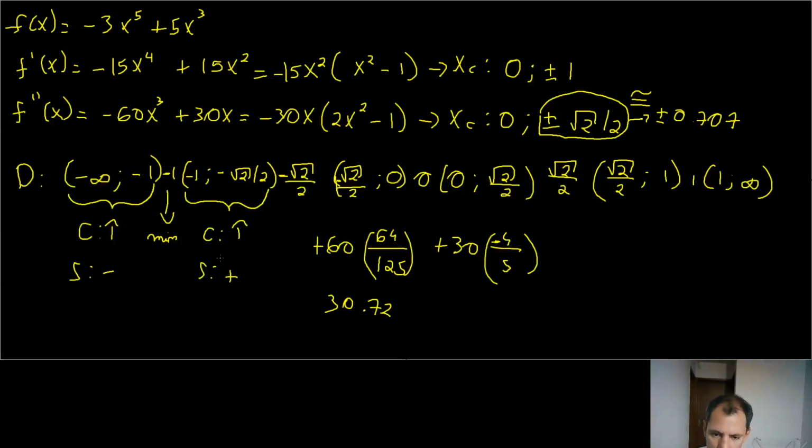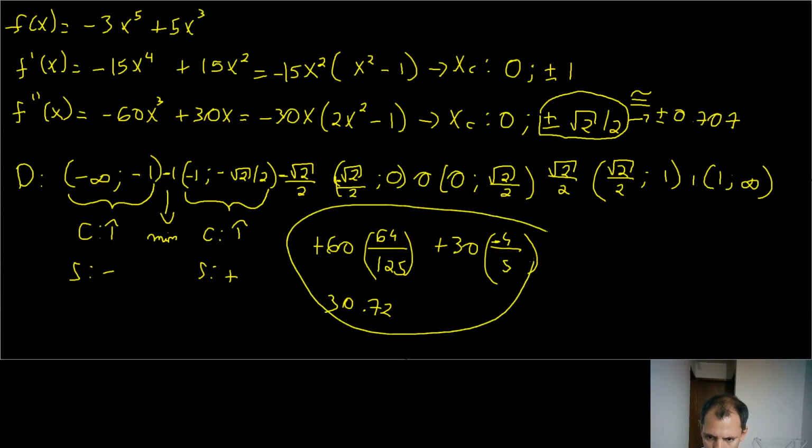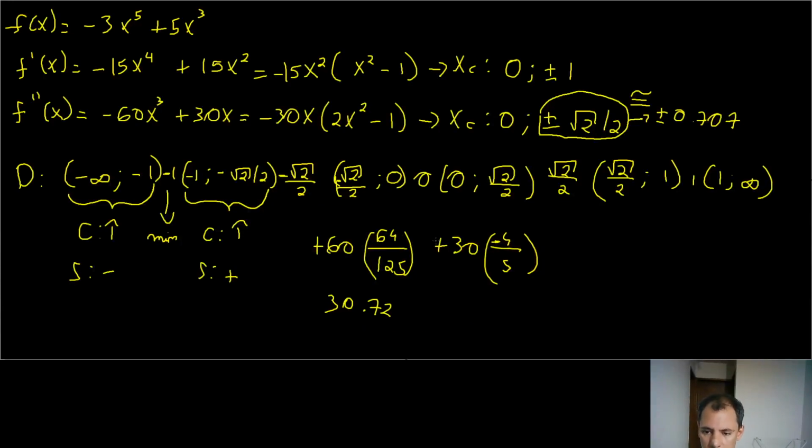Now remember, according to the theory, this equation here has to be positive. Here you're going to have a minus 120 divided by 5, which is 24. There you go: 30.72 minus 24 is positive. That means that the second derivative is positive, so the concavity is up. See?